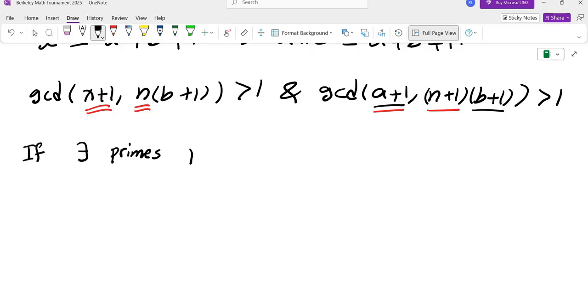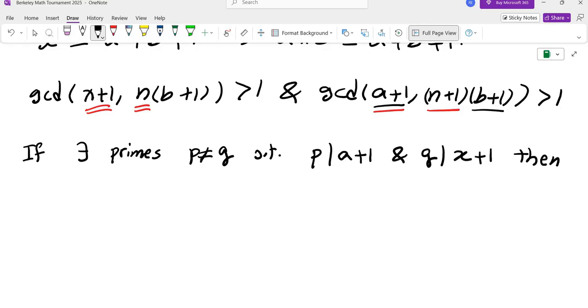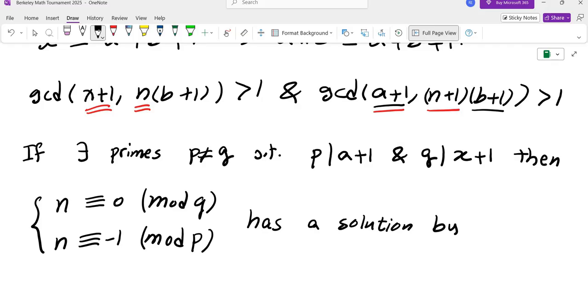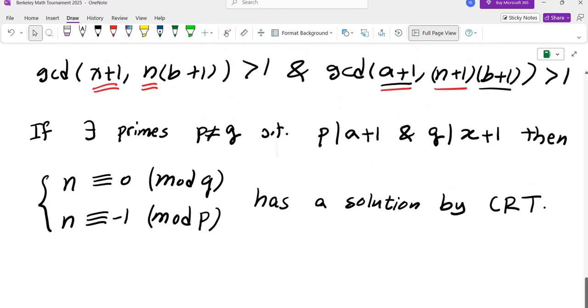If there are distinct primes p and q such that p divides a plus 1 and q divides x plus 1, then I can say n is 0 mod q and n is negative 1 mod p. This has a solution by the Chinese remainder theorem. And if I can find a solution for that, then I'm done.